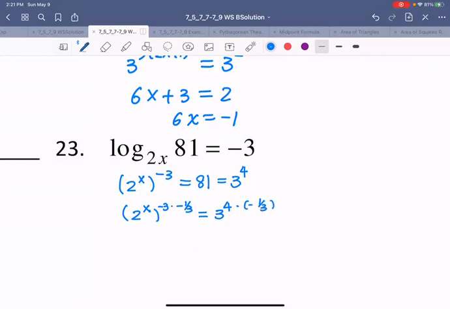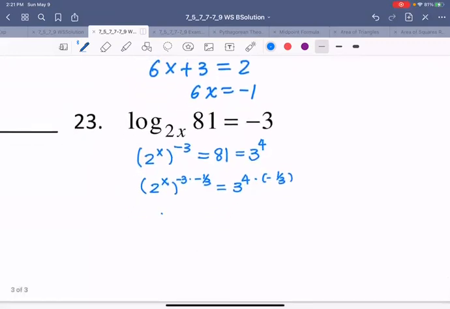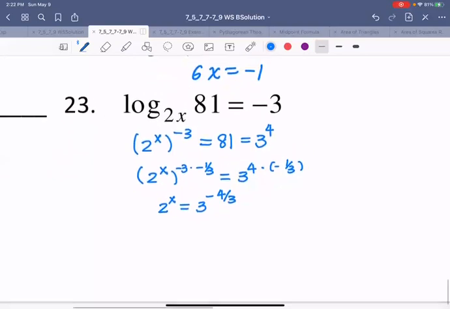Does this make sense to you? Then 2 to the power of x equals 3 to the power of negative 4/3, right? So far, so good.